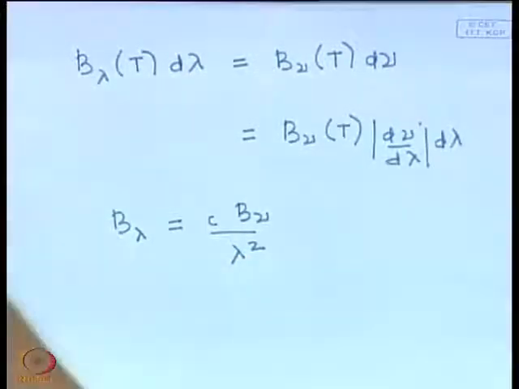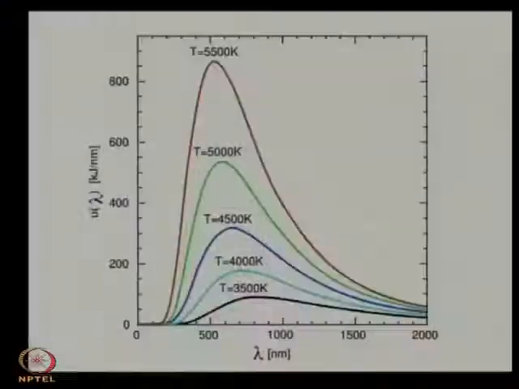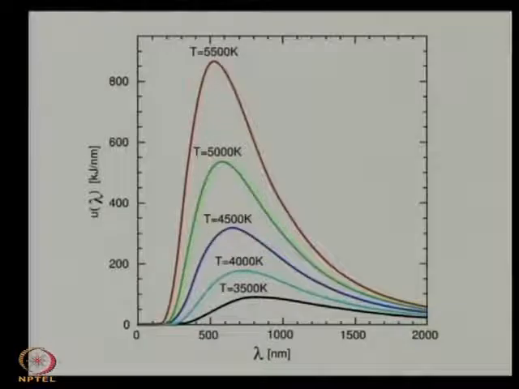Now, these curves, let me just show you a picture of these curves. These curves obviously look different. So, this picture shows you B lambda. Forget about the scale over here, this shows you the behavior of B lambda. Here again you have a maxima, and as you increase the temperature, the maxima shifts to a smaller wavelength. Okay.